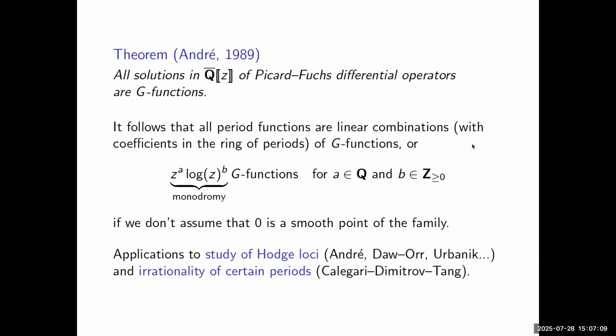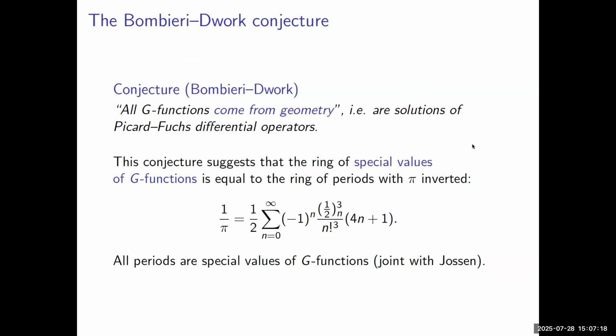This is what André himself calls the easy half of the conjecture. And one thing that was surprisingly not known is that all periods are special values of G functions. This is something that we know how to prove with Peter Jossen, for example. So this gives the other half of this expectation.